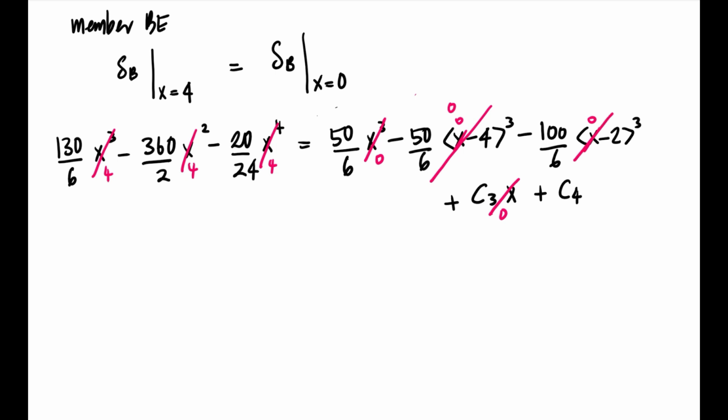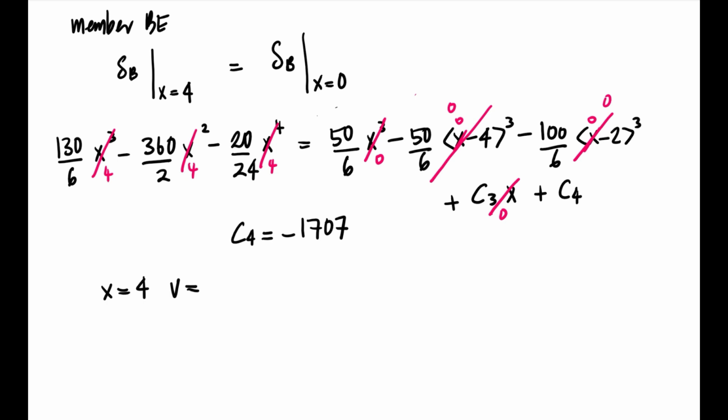Also here x minus 2 is negative 2, and we eliminate it, equal to 0. Therefore, we can find that C4 is equal to negative 1707.